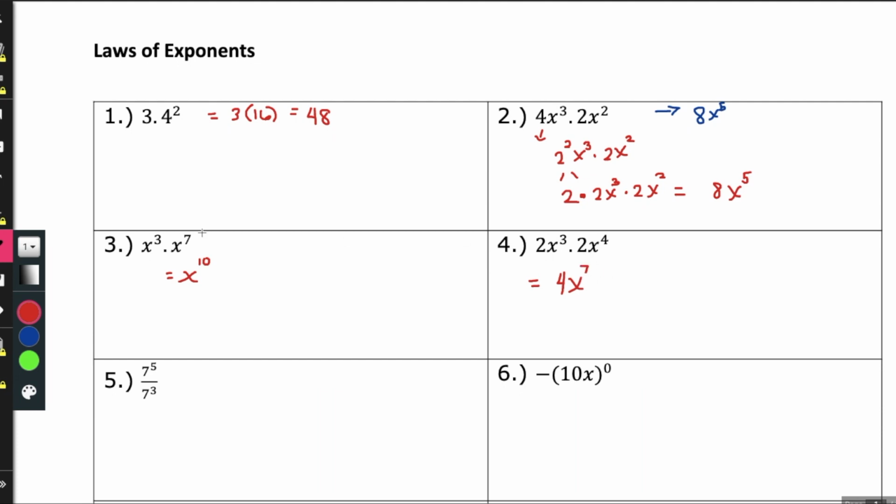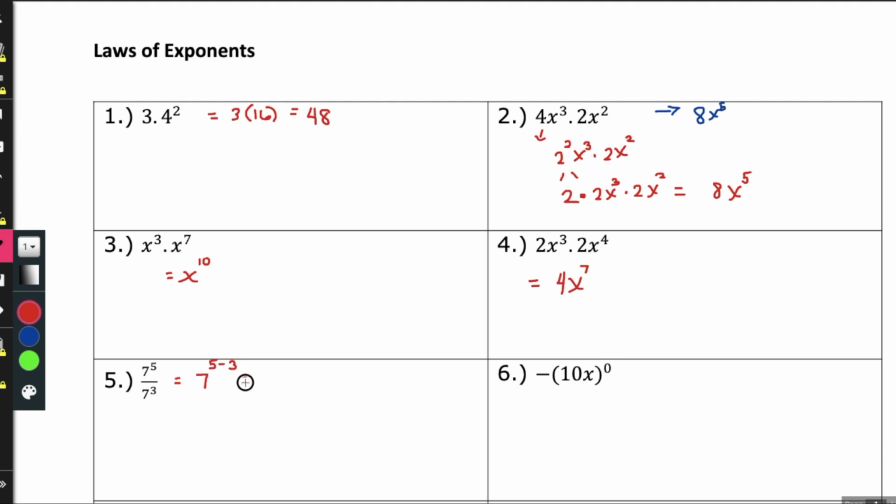Okay. For number 5, you have 7 raised to the 5th over 7 raised to the 3rd. Okay, now in your quotient rule, if you have a numerator and a denominator like this, and both of them have the same base, you can actually subtract the exponents.